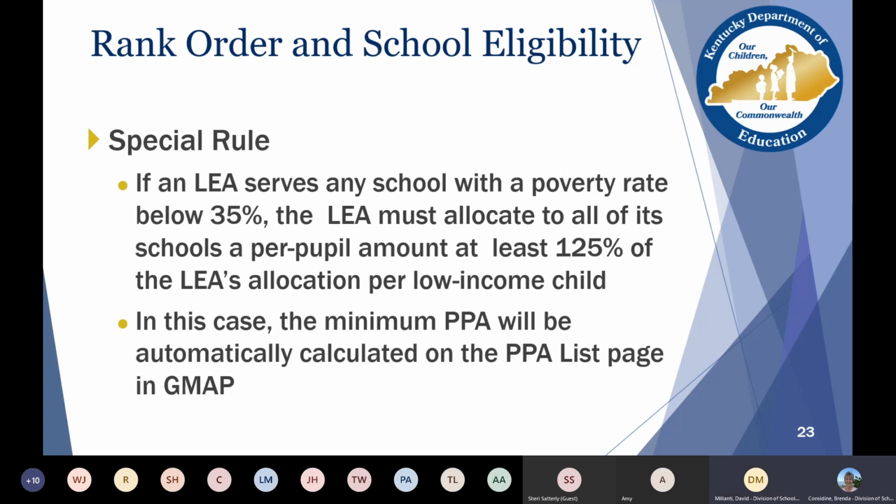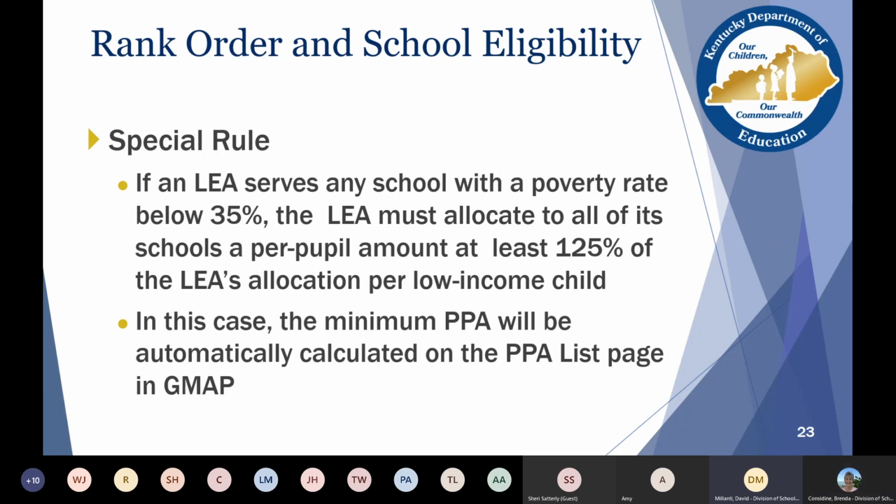Yeah, Brenda, I think this is not going to apply to very many people. I was going to say. In most cases, this applies to highly affluent districts where they may not even have schools that meet that 35% rule. So they may be using, for example, district poverty average to set that cutoff point.